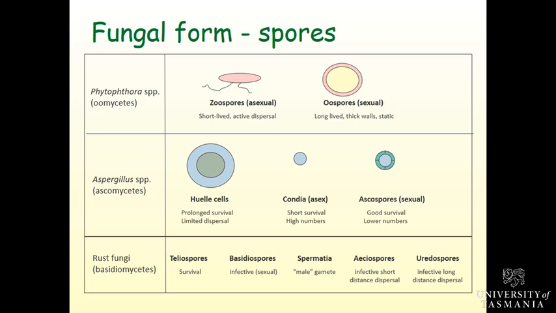The aeciospores, again, short distance dispersal, and this is across different hosts. It's a complex relationship, which you might discuss later. And the urediniospores, again, for dispersal over longer distance. So a bit tougher and can actually transmit over longer distance rather than short distance transmission. Short distance between, say, individual plants, longer distance, many kilometres.